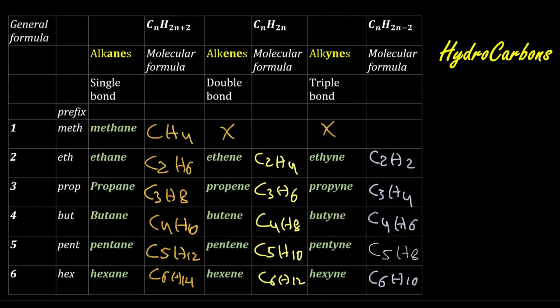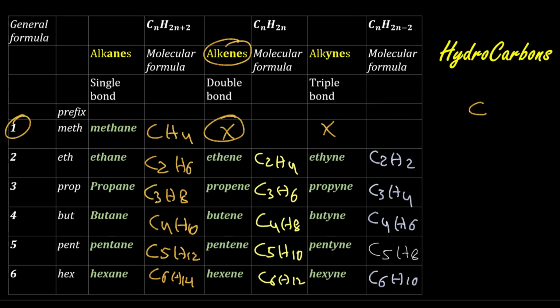Now, I was saying that the first member of alkene with one carbon atom, methene, is not possible. This is because, as I said, alkenes have one or more double bonds between carbon-carbon atoms. A double bond cannot be formed with a single carbon atom.